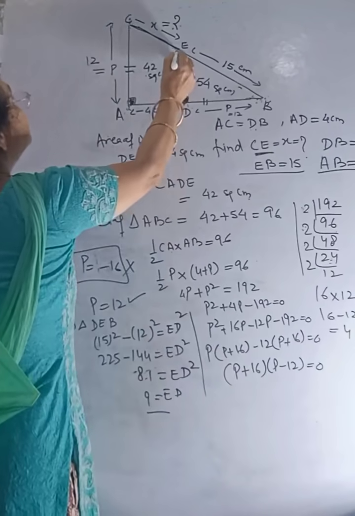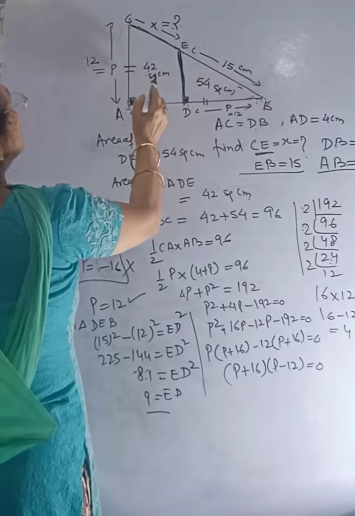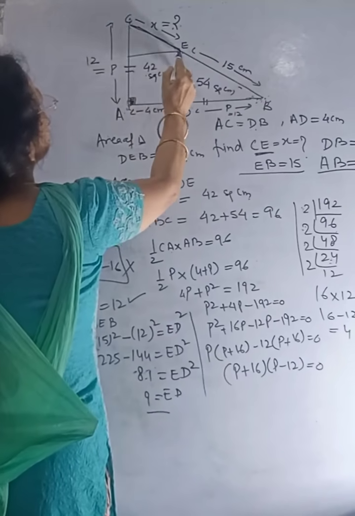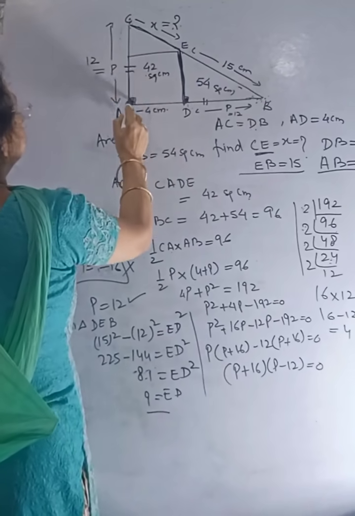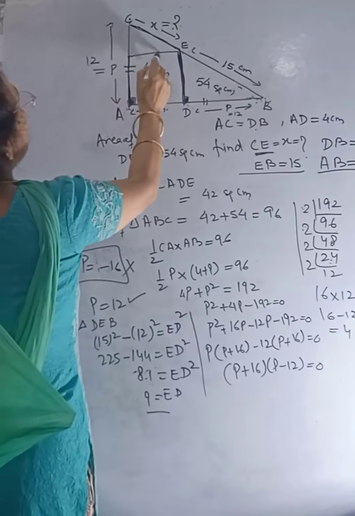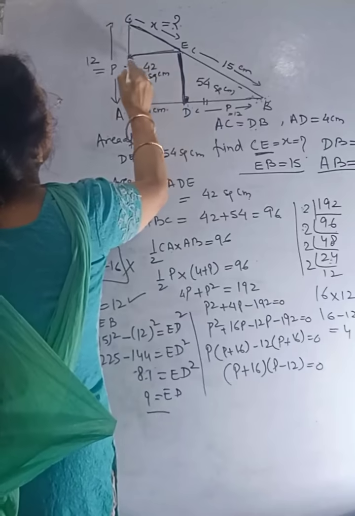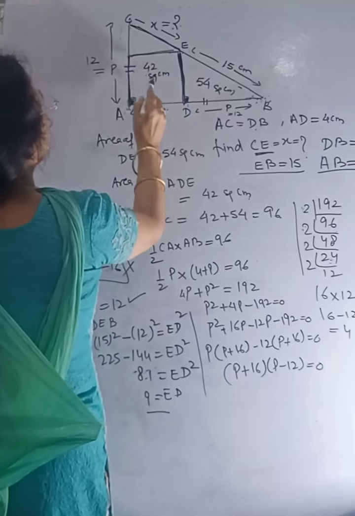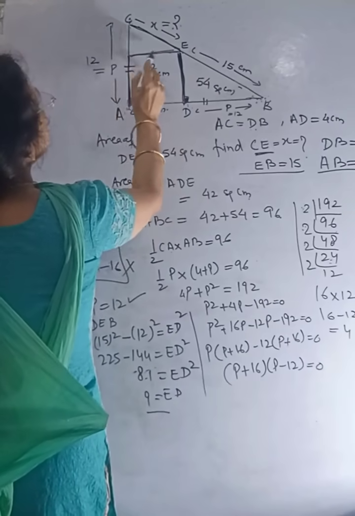If this is 9, this will also be 9. And this is 4. This is 9, this is 4.